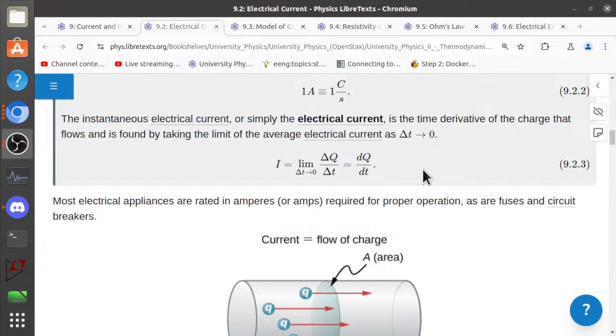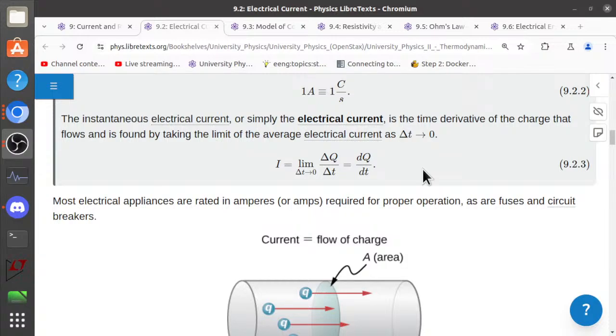When this changes over time, what we have to do is we have an instantaneous current at a given time. And what you do is you basically shrink the time span, right? I have my stopwatch and I'm measuring from T1 to T2, and I measure, okay, from T1 to T2 I have 1 coulomb transported.